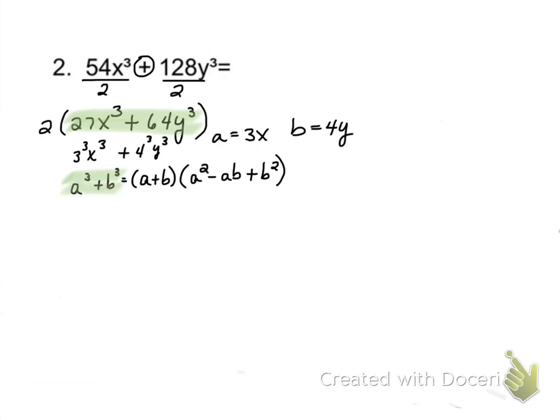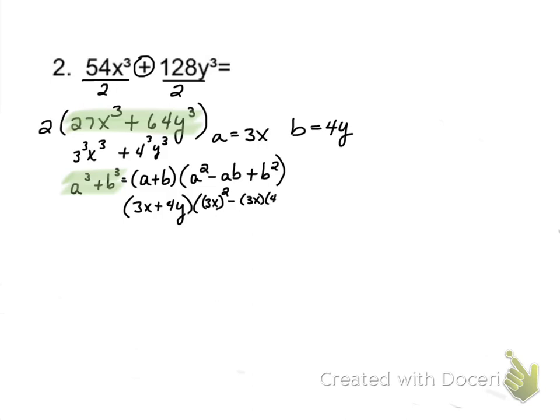So a plus b is going to be 3x plus 4y. And then a squared is going to be 3x, all of that squared, minus ab is 3x is a, and b is 4y.